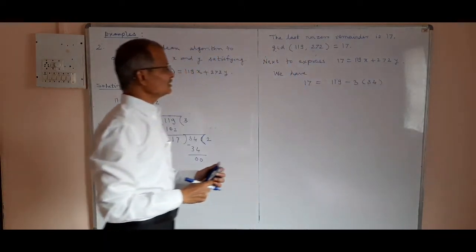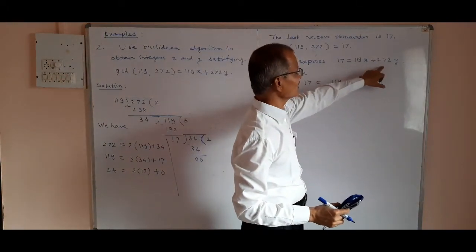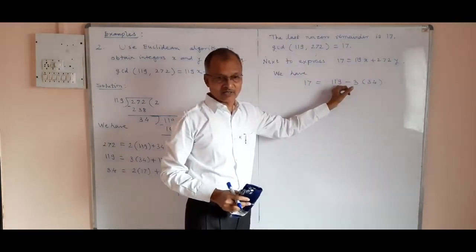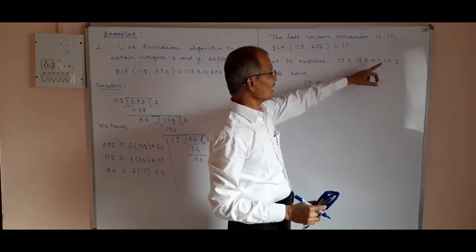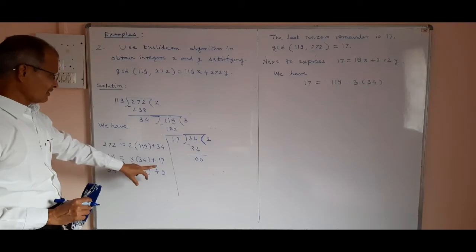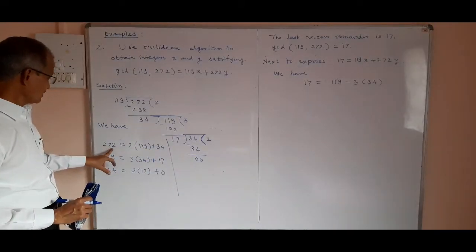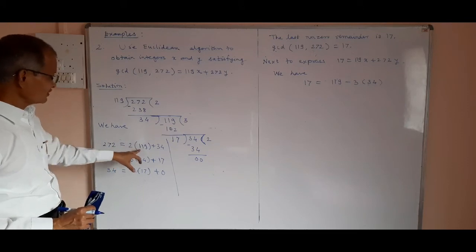Now we shall express this entirely in terms of 119 and 272. 119 is already there, so we only have to change 34. What is 34? It is 272 minus 2 times 119.